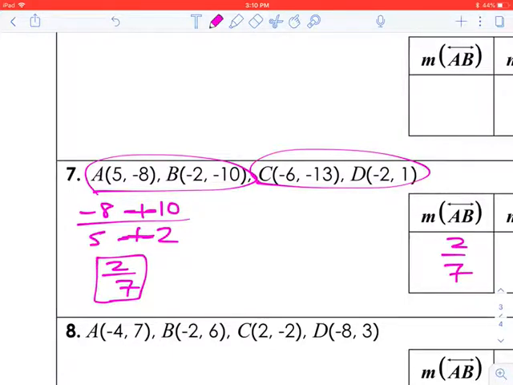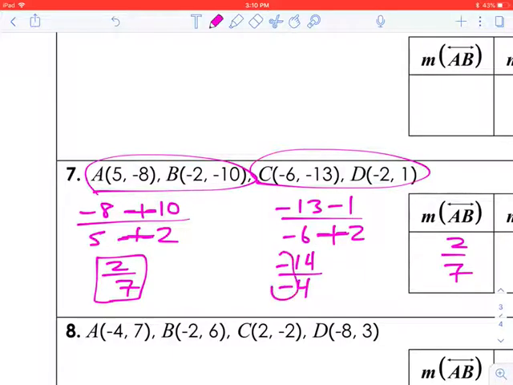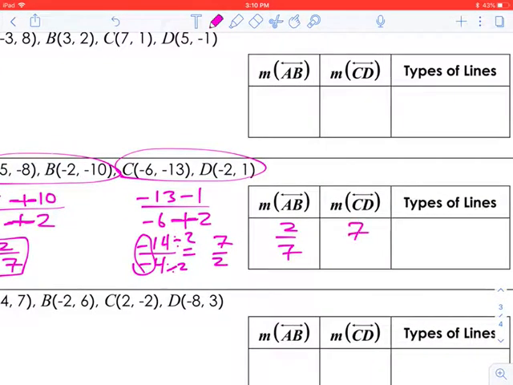And then the second one, negative 13 minus 1 over negative 6 minus negative 2. So that's negative 14 over negative 4, which can reduce and simplify. So negative and negative makes it positive, and we can divide both of those by 2 to make it 7 over 2. So 7 over 2.